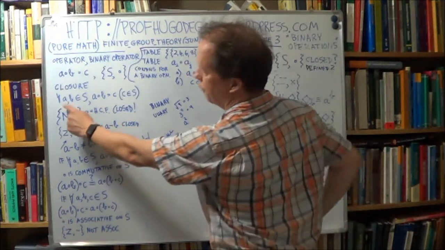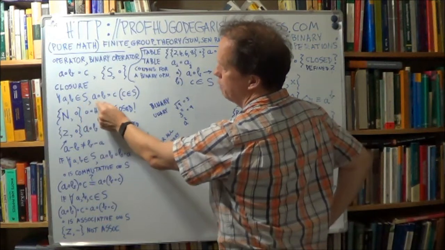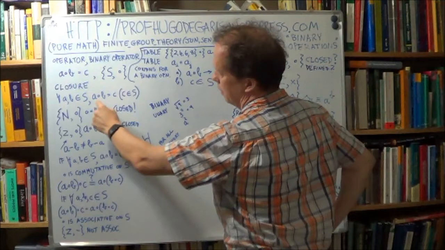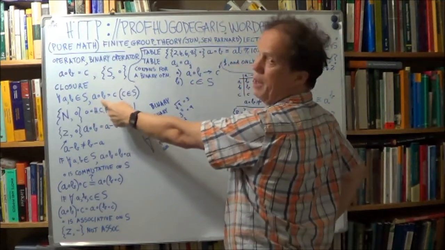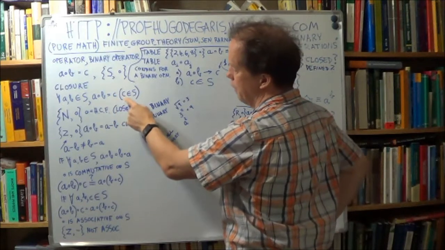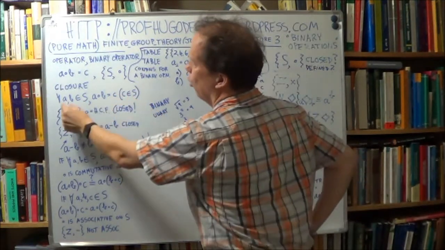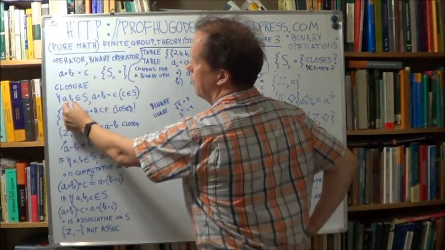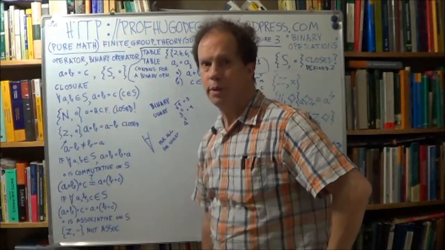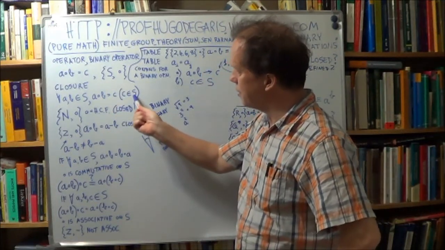So for all elements A and B belonging to your set, you perform the binary operation on those two: A, binary operator, little circle, B gives you a result C. Then C belongs to the set. If that's true for all possible pairs A and B, then this binary operator is said to be closed on the set S.